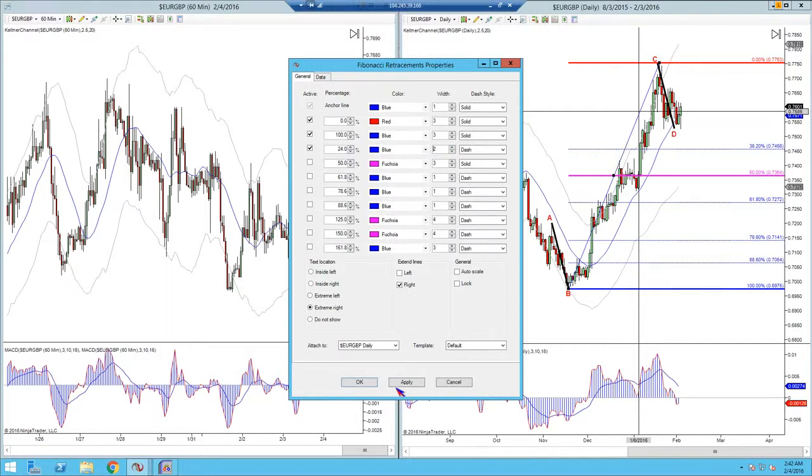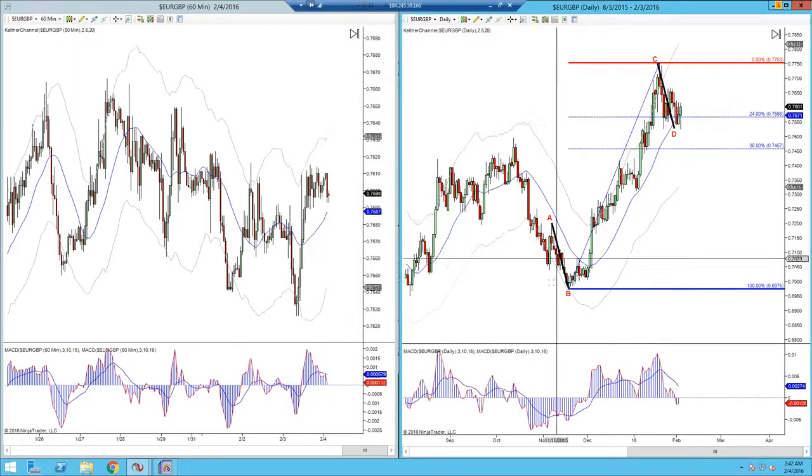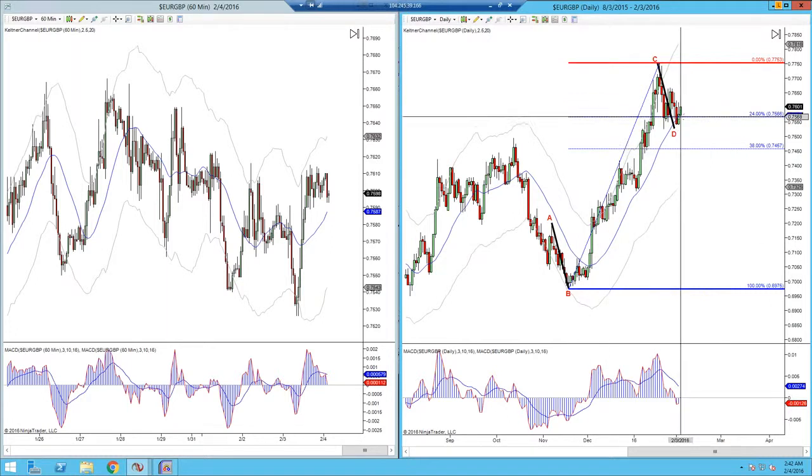So I'll make that a 2, and I apply this. A little bit high. I throw the 38% in there. So I'm going to put this down at a 1, so it's not so important on the screen, but it's there. So we see the whole retracement zone. Yeah, it came down to 24, penetrated it, so we're right between the 24 to 38.